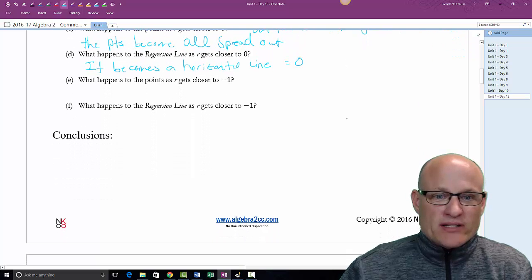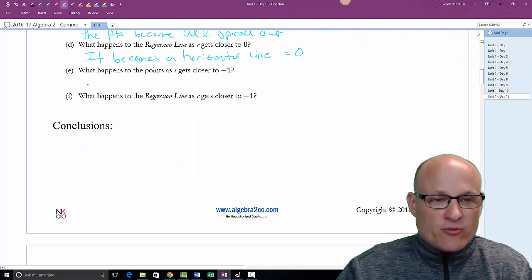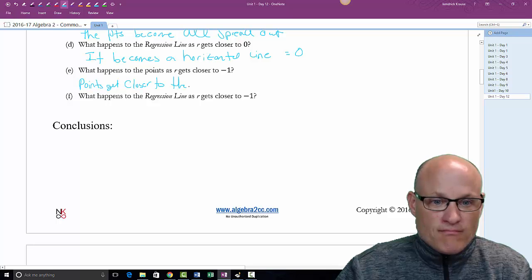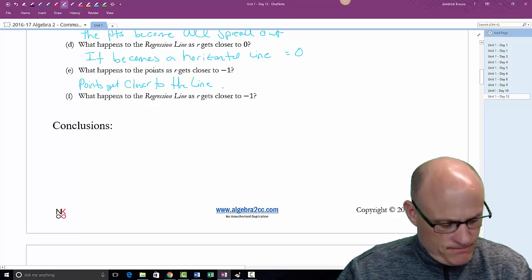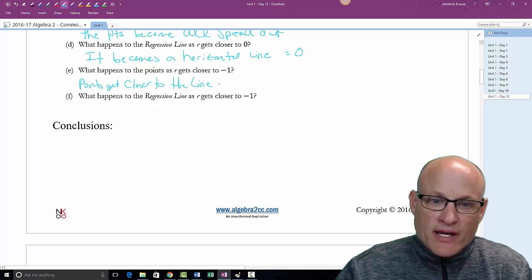What happens to the points as r gets closer and closer to -1? Points get closer to the line, to eventually make a straight line.